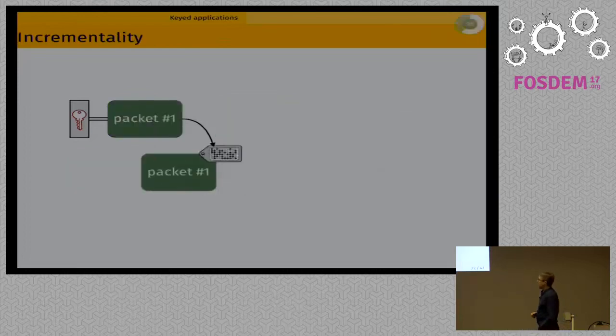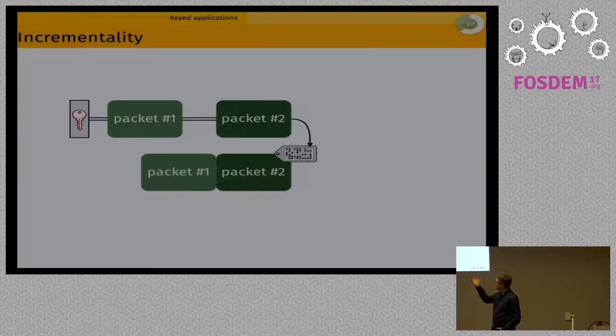A nice thing that we want to achieve with a PRF is called incrementality. So let's assume that you want to authenticate some packets flowing from a client to a server. So first you have this first packet, you compute a tag over this first packet, and you send it. Then a second packet needs to be transmitted. Then what you want to have is a tag over the first two packets together, but you don't need to compute everything again.